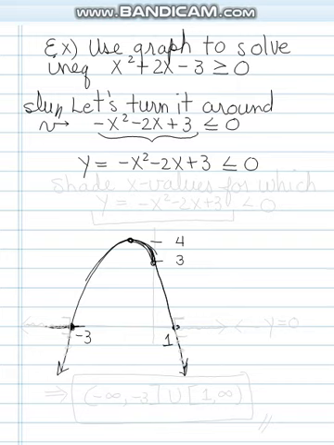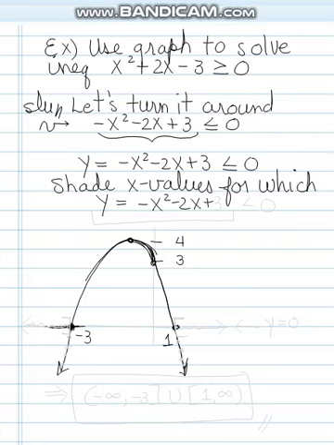So we are going to shade x values for which y equals negative x squared minus 2x plus 3 are less than or equal to 0. We're going to graph that, and then we're going to shade the x values for which that graph has y values less than or equal to 0.